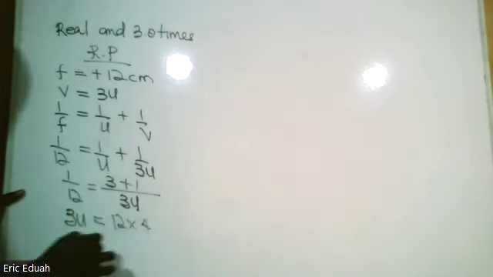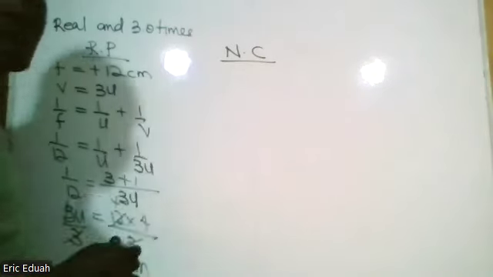Who else has successfully used the NC convention? Leslie, what did you make for NC? Please, I had 16 centimeters. That's it. So you need to get the same results.